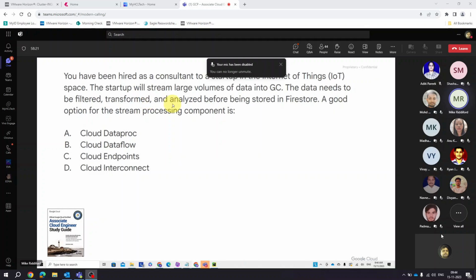Again, think about what you can eliminate here. For example, Cloud Interconnect is a hybrid networking option, so I don't think it's D. So is it A, B, or C?